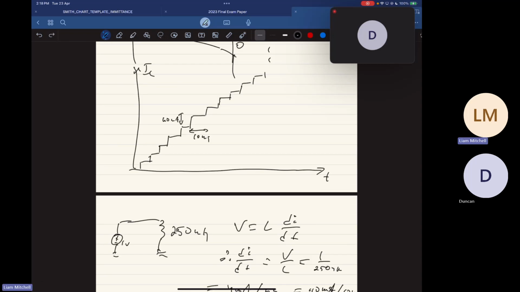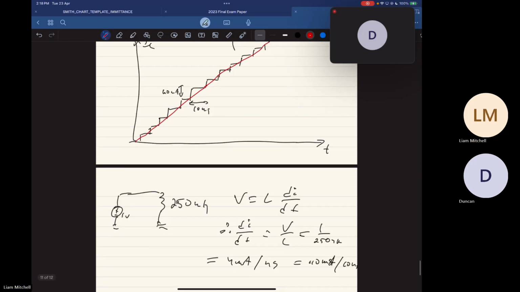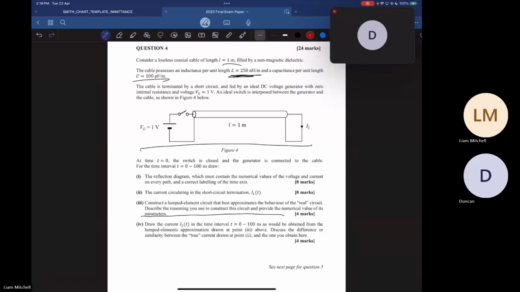I'm going to draw this in a different color. This is going to be your approximation current. It's going to be a line with a slope of 40 milliamps per 10 nanoseconds, which is the same as the square steps you had before, basically. The task is to draw the approximation current and the original current.